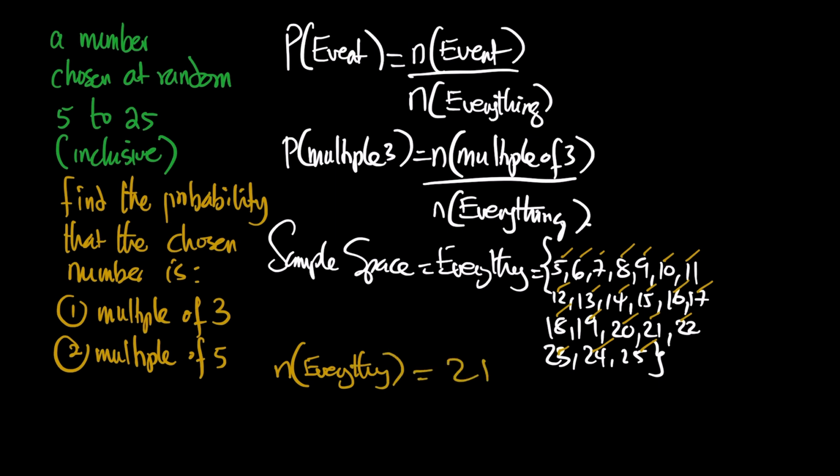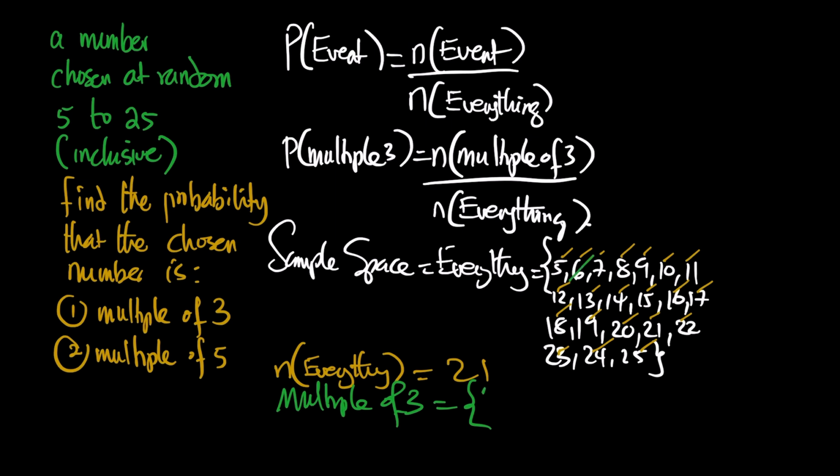Now, the next thing we look for is the multiples of 3. How many items in this sample space are multiples of 3? Multiples of 3 are what you get when you keep adding 3's together. The first is 3, the next is 6, when you add another 3 you get 9, and another 3 gives 12. But in the sample space, 3 is not here. The second one, 6, is here.